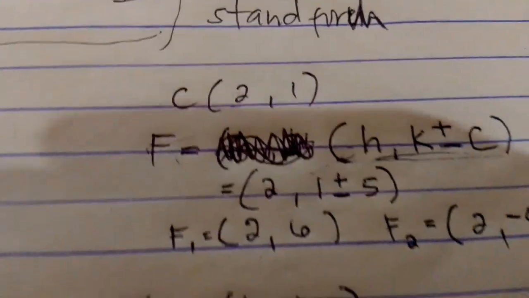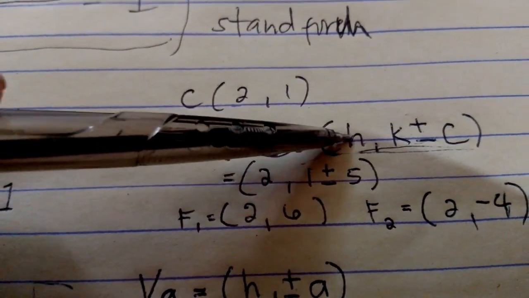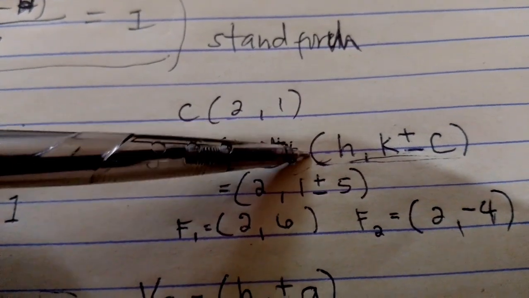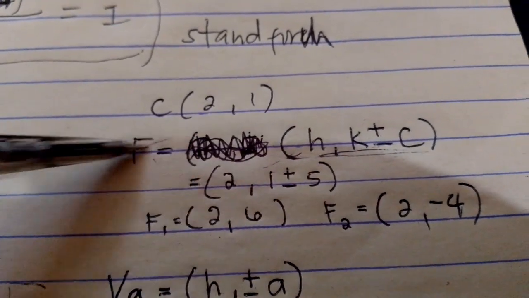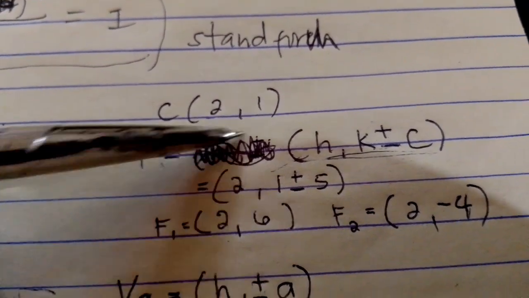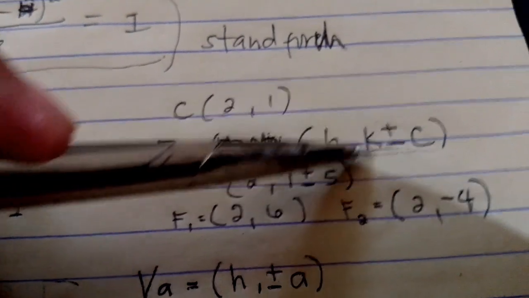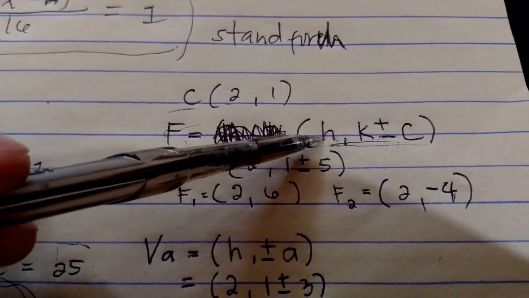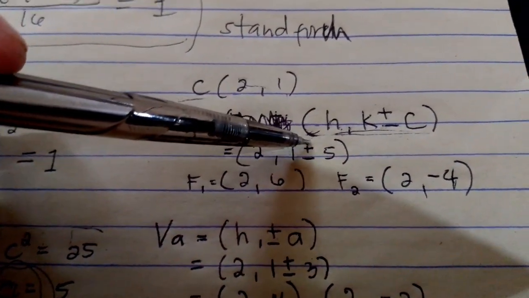Now that we know the value of c, we just substitute into this formula, which I copied from the other videos. The focus is equal to (h, k plus or minus c). The value of h is 2, the value of k is 1, plus or minus 5.